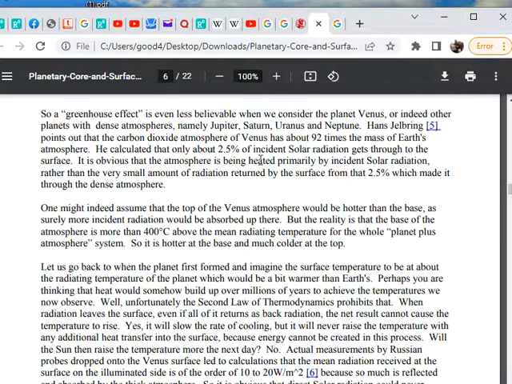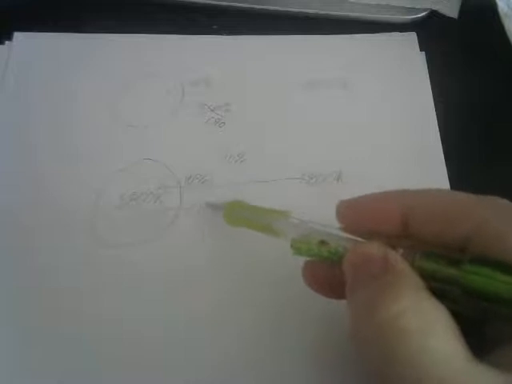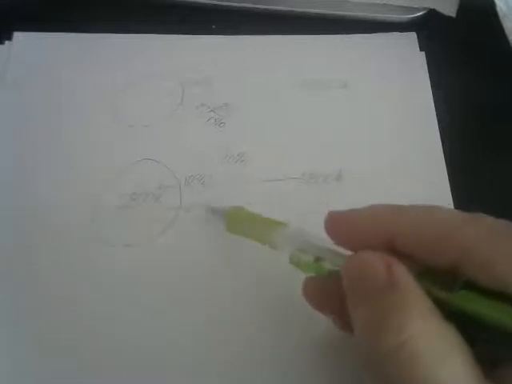However, if the state is not in equilibrium, you will have an amount out that is less than the amount coming in. And if there's a state of non-equilibrium like this, then the planet will heat.